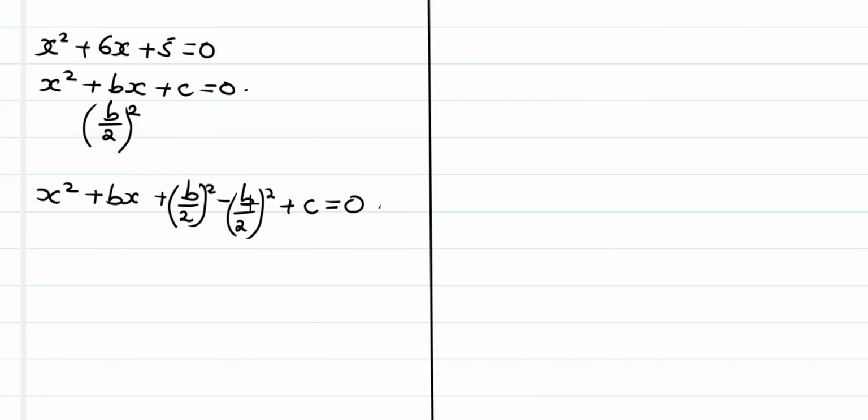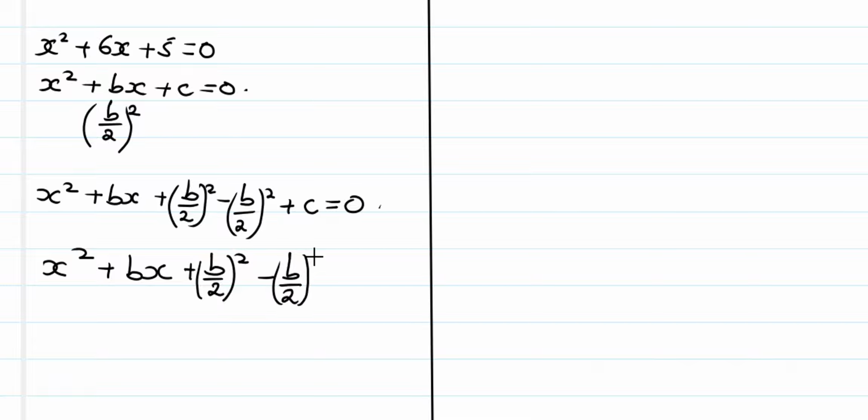Then I can take this c to the other side, so it becomes x squared plus bx plus b over 2 squared minus b over 2 squared equals negative c.